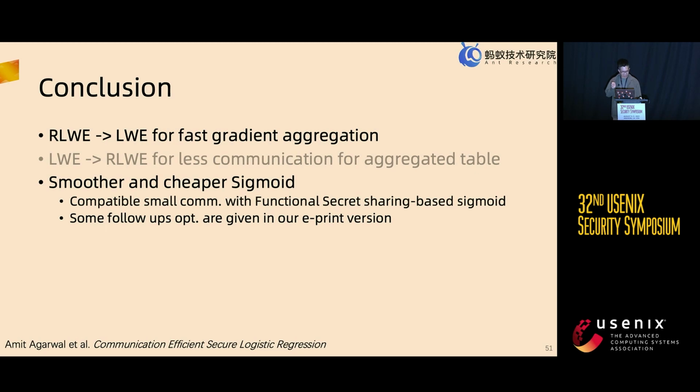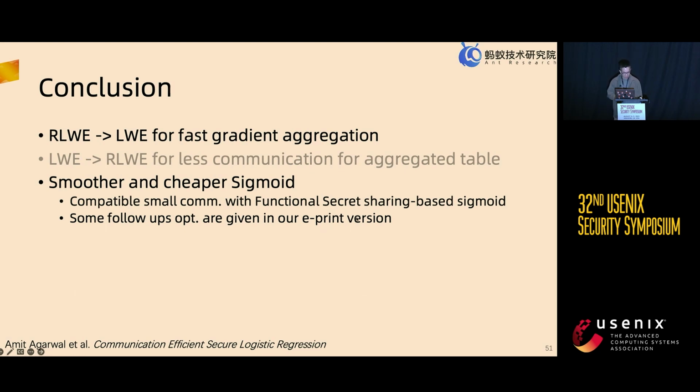And in conclusion, we propose to use RLWE and LWE conversion to do the fast gradient aggregation, and we also propose a method to compress multiple LWE ciphertexts into one RLWE ciphertext for less communication of the aggregated table. We also show a pretty interesting and cheaper sigmoid function.